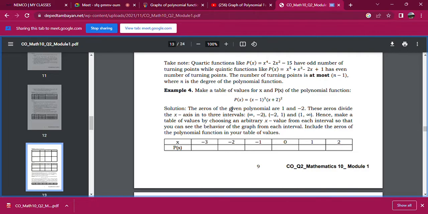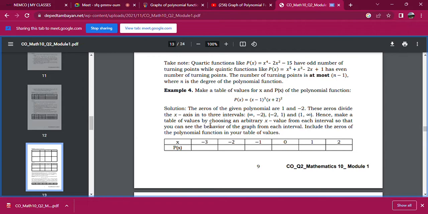The zeros of the given polynomial, considering multiplicity, are 1 and negative 2, since setting p of x equal to 0 gives positive 1 and negative 2. The zeros divide the x-axis into 3 intervals: negative infinity to negative 2, negative 2 to 1, and 1 to positive infinity.